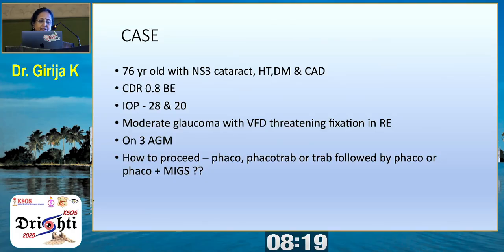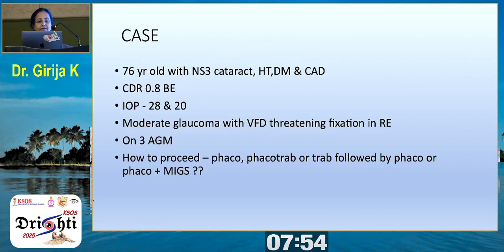So this is a 76-year-old man with an NS3 cataract, hypertension, diabetes mellitus, CAD, and the patient has an IOP of 28 and 20 millimeters. So he has moderate glaucoma with a visual field defect threatening fixation, and he is already on 3 AGM. But he has all the comorbidities and cataract.